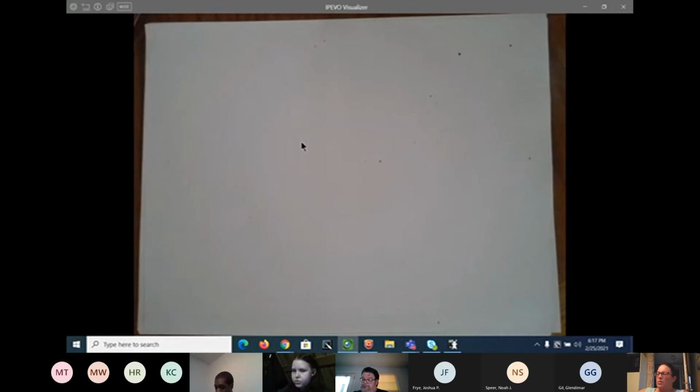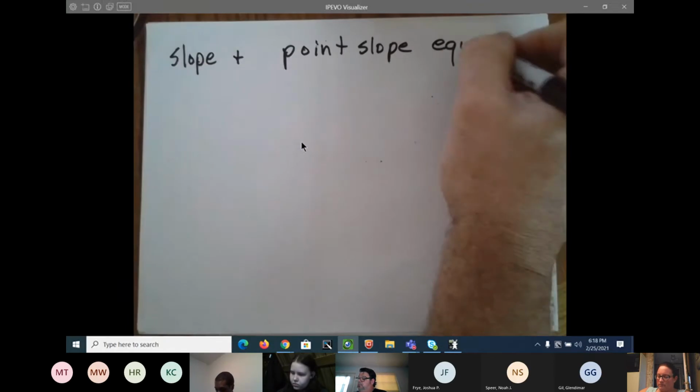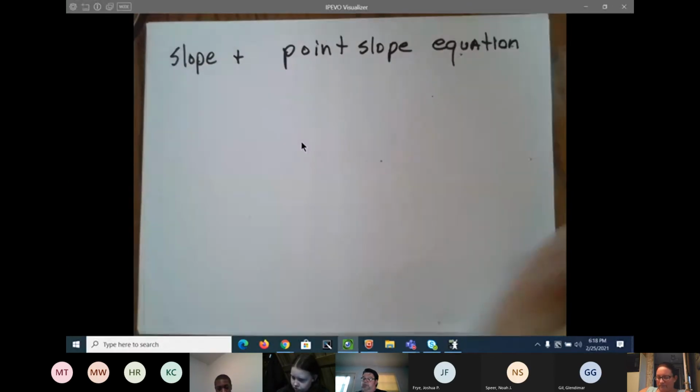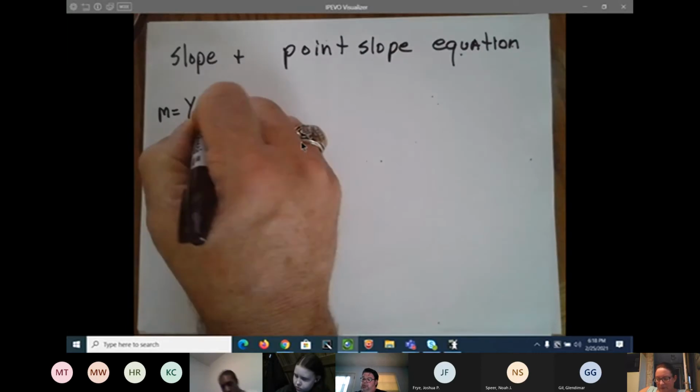Slope and point slope equation. Slope: y sub 2 minus y sub 1 over x sub 2 minus x sub 1. Point slope: y minus y sub 1 is equal to m times x minus x sub 1.